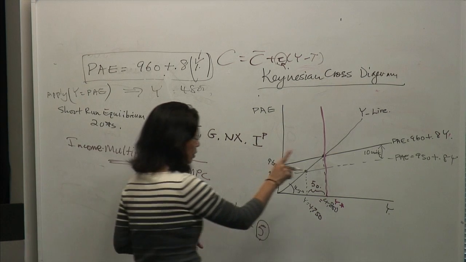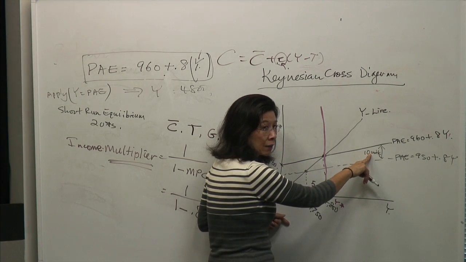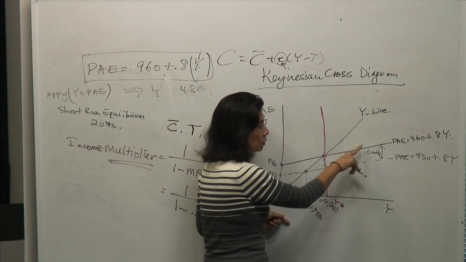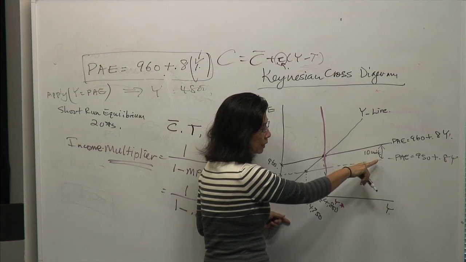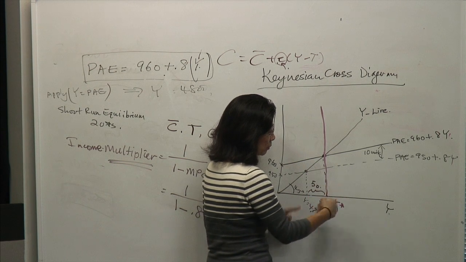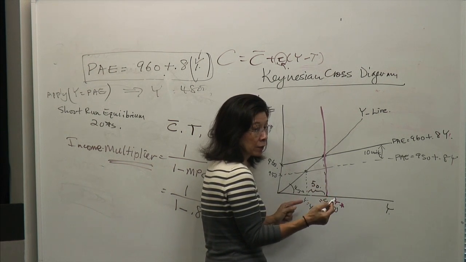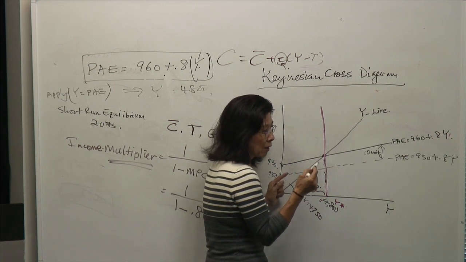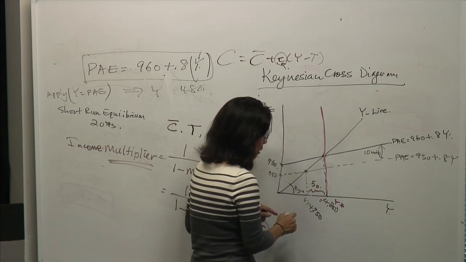So watch this. 10 times 5 is 50. That's how we know. So there's a multiplier effect. Every time you drop it by 10, it's not like the whole economy is going to be contracted by 10 units, but by a multiple of 5. 5 times 10, 50.